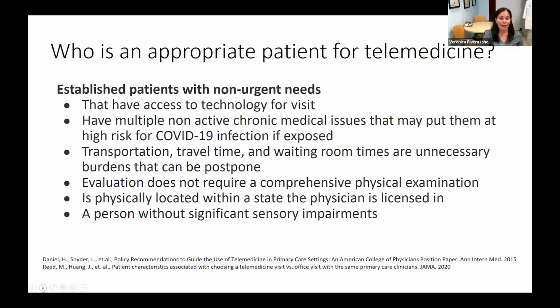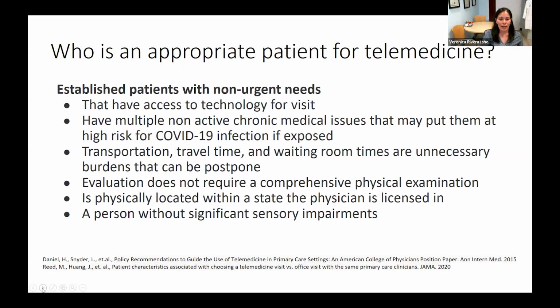You want to make sure they have access to the technology that we've been talking about. Other patients that might be appropriate have non-active chronic medical issues that you might want to sort of do that management of their comorbidities in between in-person visits with telemedicine.